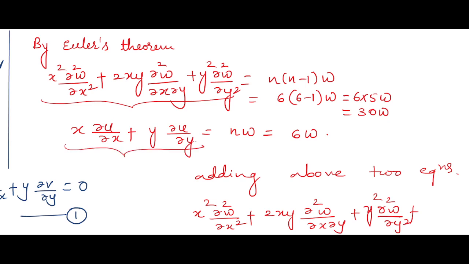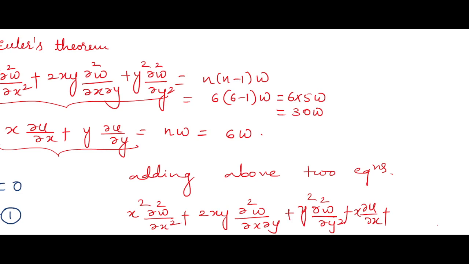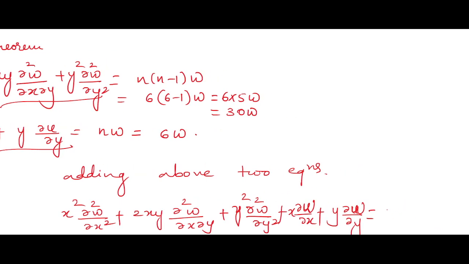Now we are adding the LHS of the second equation, x ∂w/∂x + y ∂w/∂y, and it is equal to the right hand side of the first equation, 30w, and the second equation, 6w. Here 30w plus 6w is 36w. So we'll give this equation as equation 2.